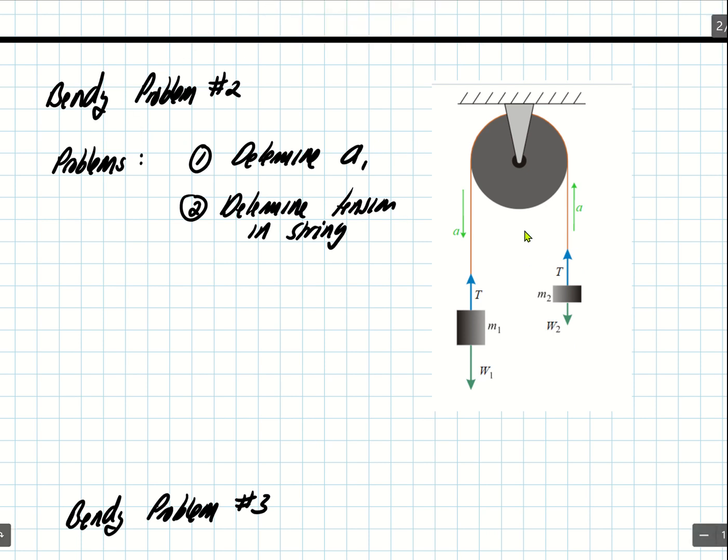Like in the previous problem, whatever acceleration 1 has down, 2 is going to have the same acceleration up. So there is only one magnitude of acceleration, in two different directions.